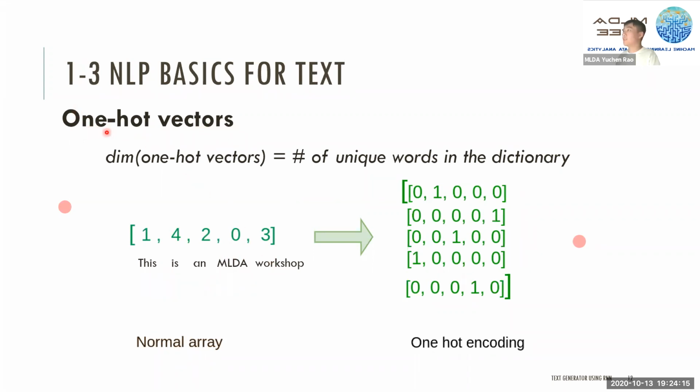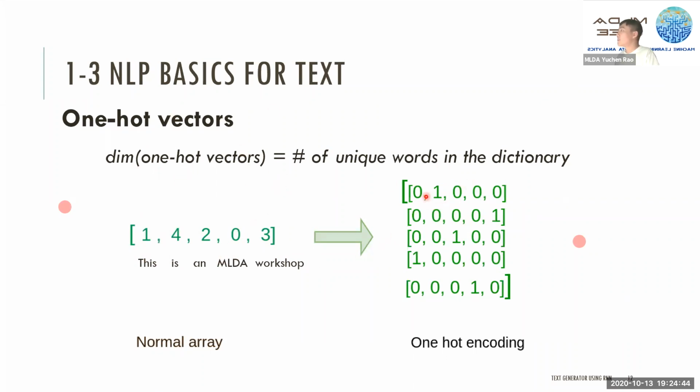We call it one-hot vectors. For example, take: this is a MLDA workshop. We give every word a number, an index to represent it, and we store this dictionary somewhere, so the machine can refer to it and get our words.